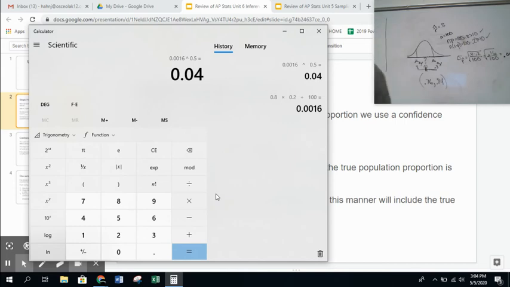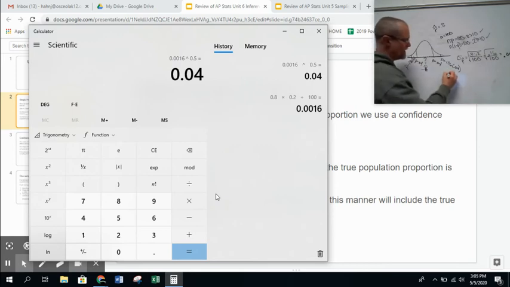I know, though, that I can set my confidence as high or as low as I want to. We typically do 95%. If I want 95%, I need to go out p plus 1.96 standard deviations, and p minus 1.96 standard deviations.